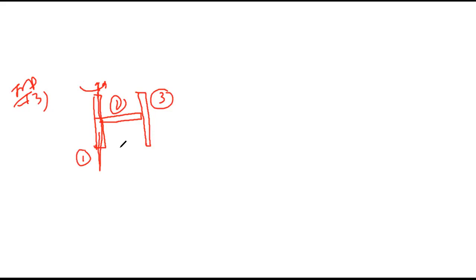Now can you see here, the first rod is thin and this is the axis. So all particles are almost on the axis, right? Yes, sir. So what will be the moment of inertia of the first one? Moment of inertia is mass into square of distance. All the particles are on the axis, so zero, no?